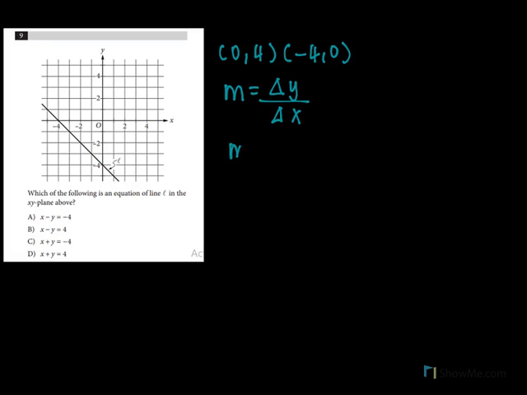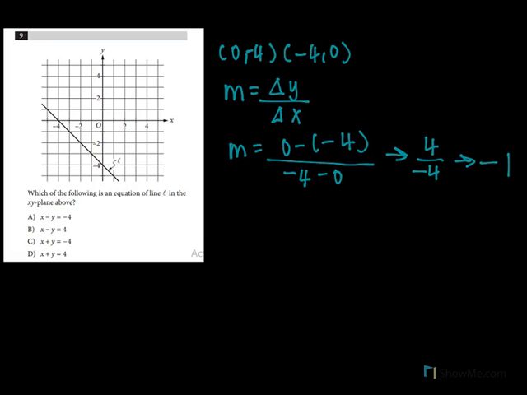So the slope equals 0 minus -4 over -4 minus 0, and this simplifies to 4 over -4, or -1.